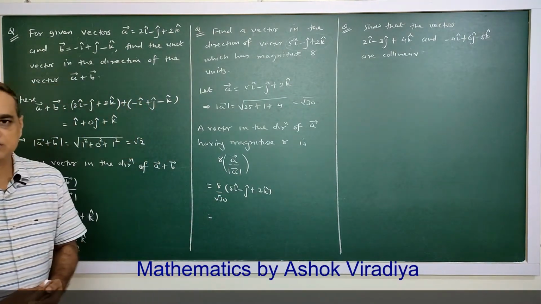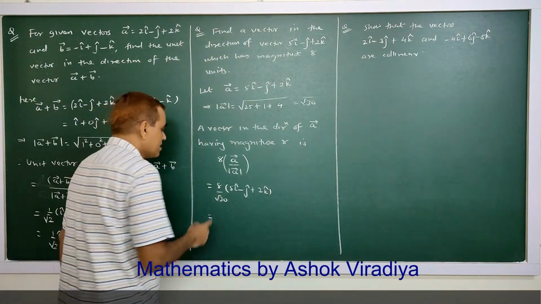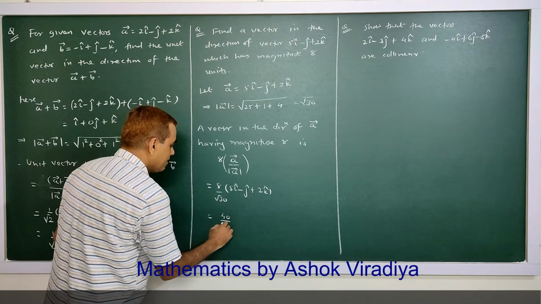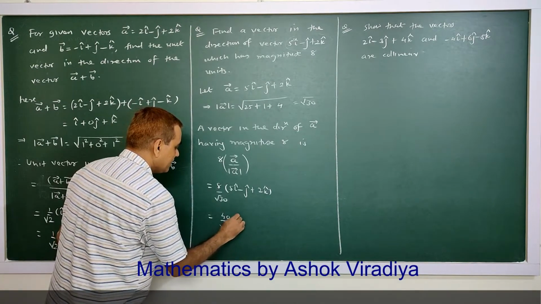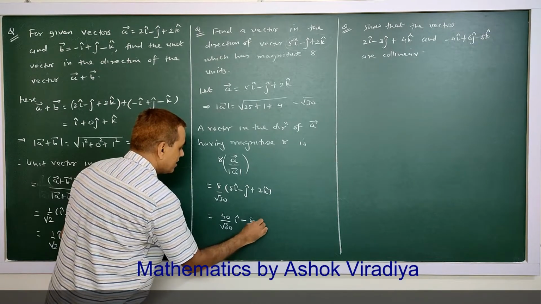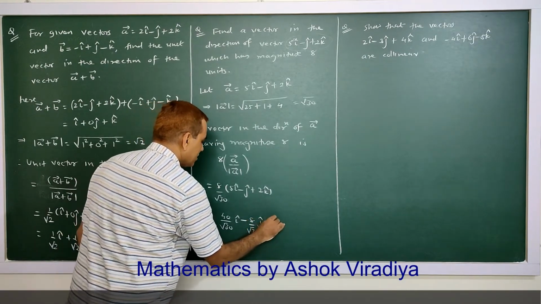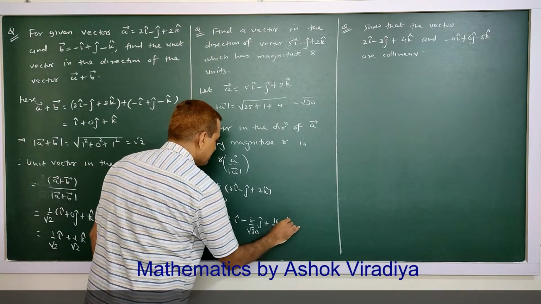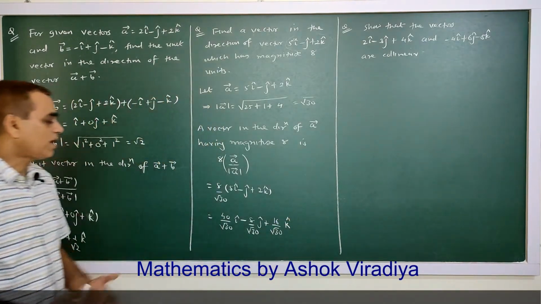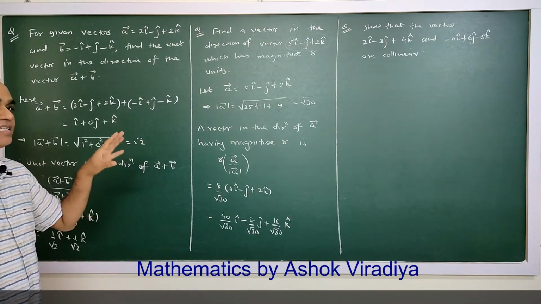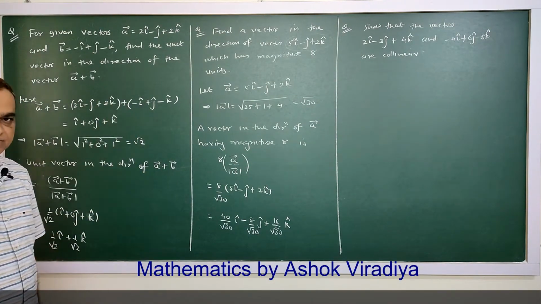So it is 8 into 5, 40, 40 by root 30 i minus 8 by root 30 j plus 16 by root 30 k. So this is required vector. Its magnitude will be 8 and in the direction of given vector.